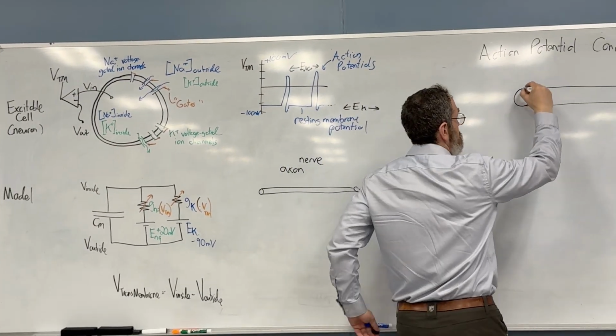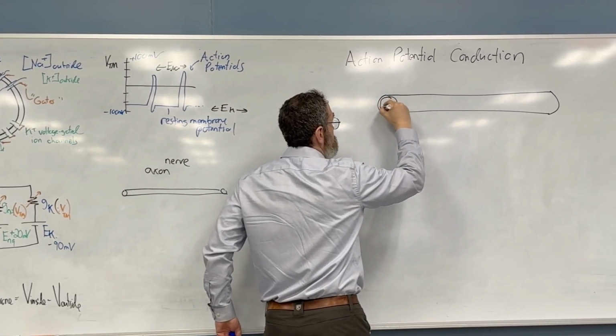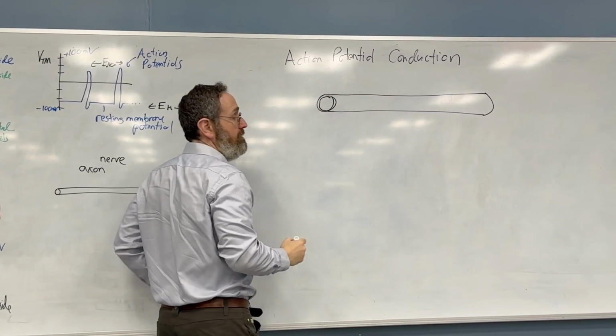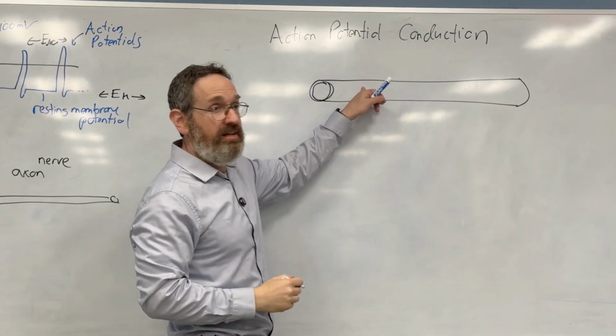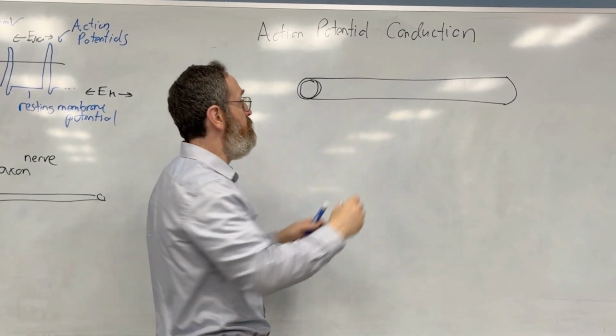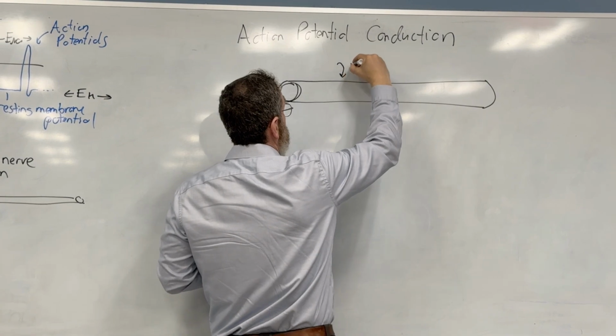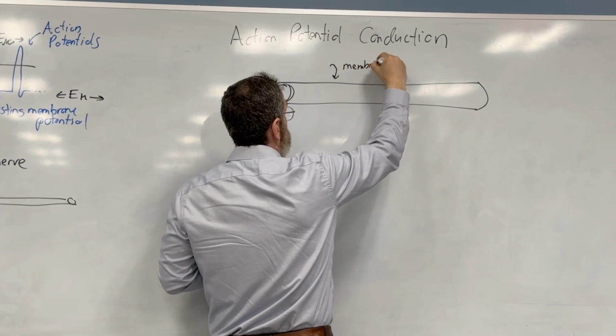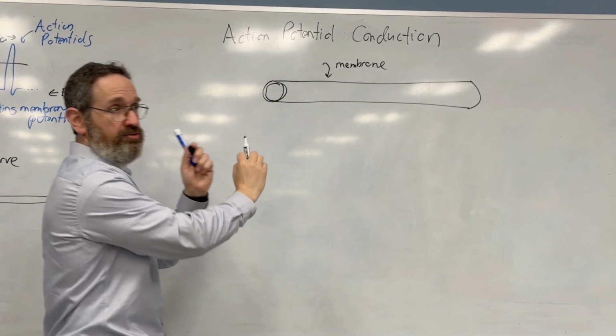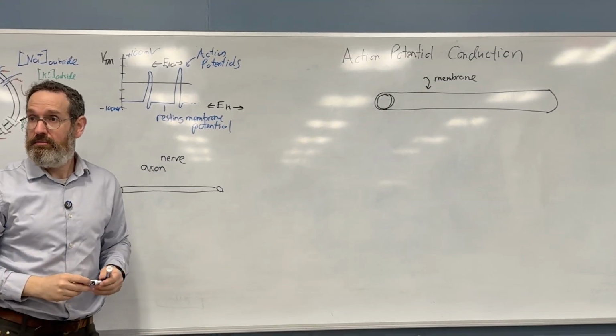So we can imagine that this is a piece of fat, okay? And so we have the inside of the tube, we have the outside of the tube, and this part here is the membrane. So you've kind of stretched it out like a straw at this point, okay?